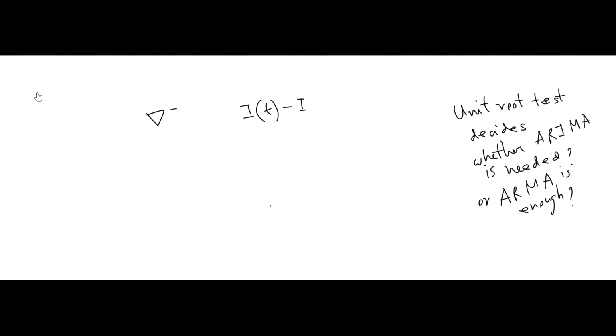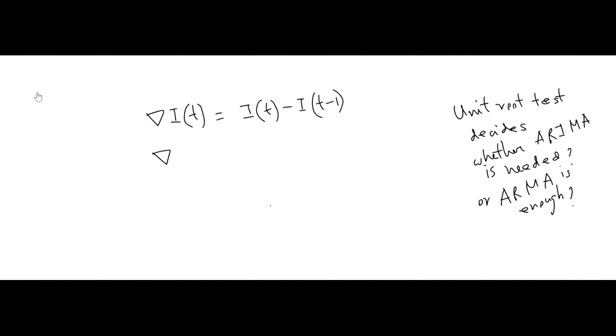Now, let me try to answer this question. This is actually a mathematical notation that we use for differencing. So this is called the first differencing. Now, what would happen if first differencing doesn't give me a stationary or rapidly decaying autocovariance function?